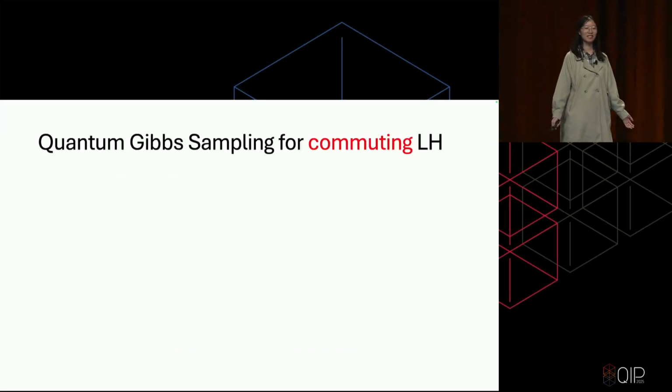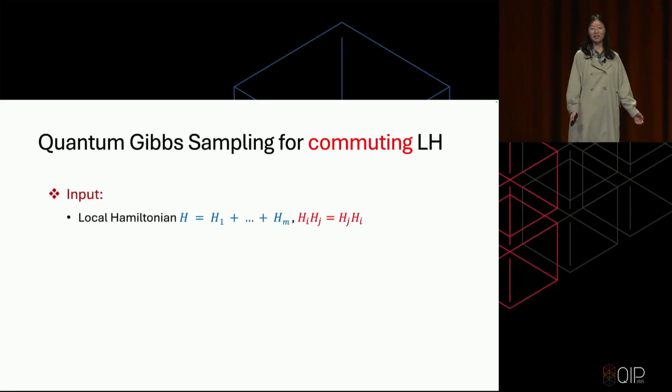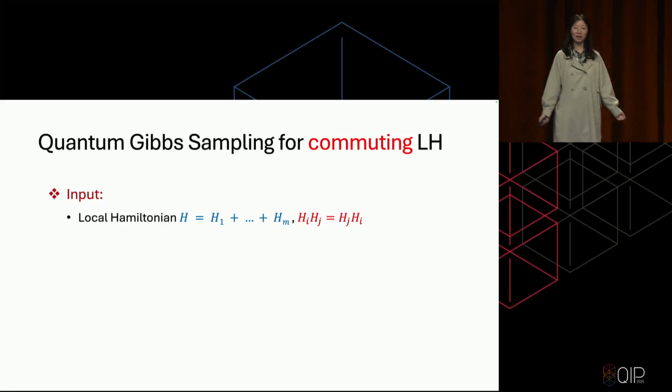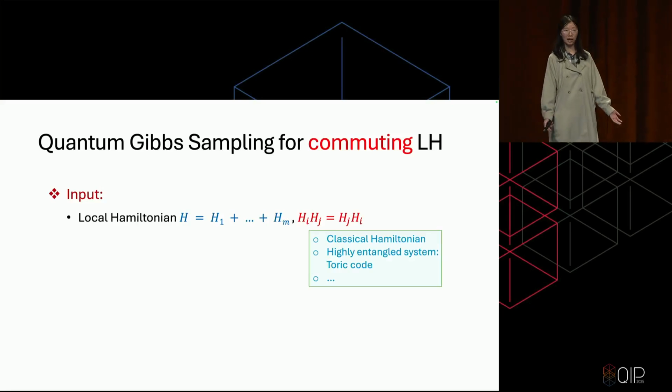To begin with, let's recap the notation. The main question we care about is Gibbs sampling for commuting Hamiltonians. The input is a local Hamiltonian where all the local terms are commuting. In case you want some intuition, the most direct example is a classical Hamiltonian.